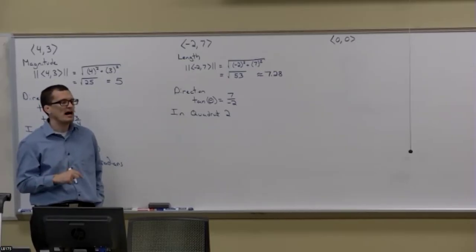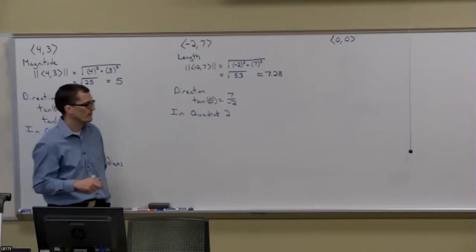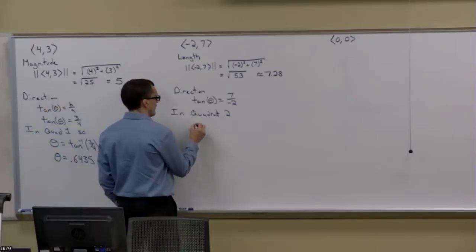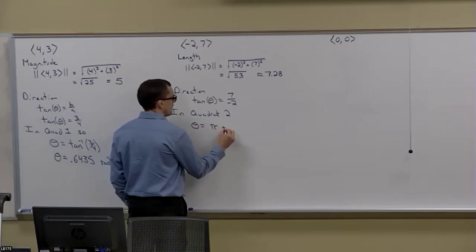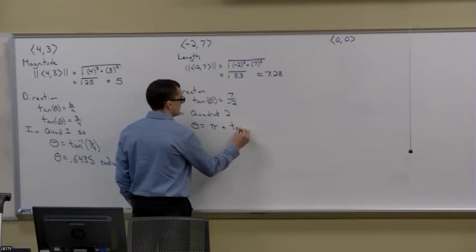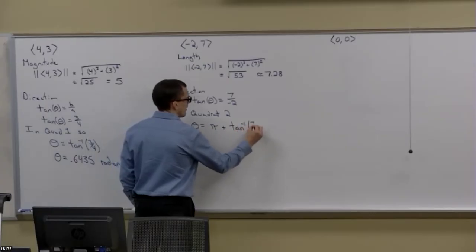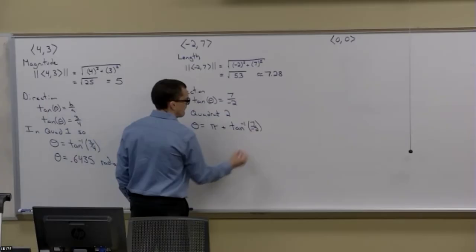So we're going to add pi to get into quadrant 2. So theta is equal to pi plus the inverse tangent of 7 over -2.